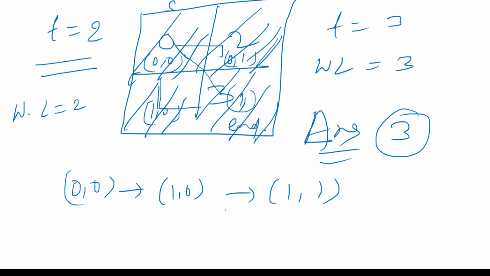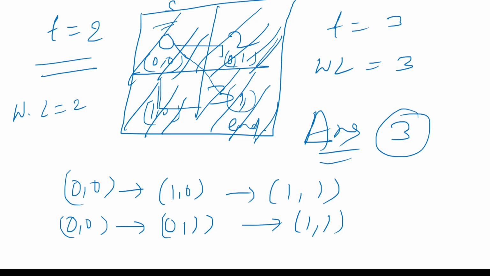Or another path is possible: 0, 0, 0, 1 and 1, 1. No diagonal. Now you can swim from start to end by these two ways, either this way or this way, and that is why we are getting the answer 3. I hope you understand.